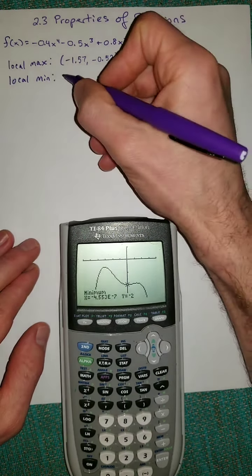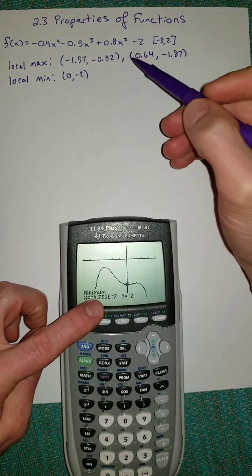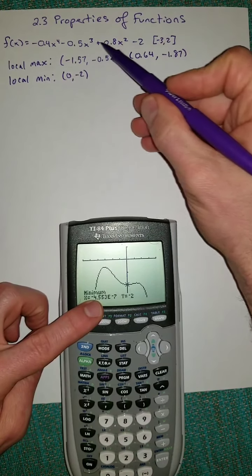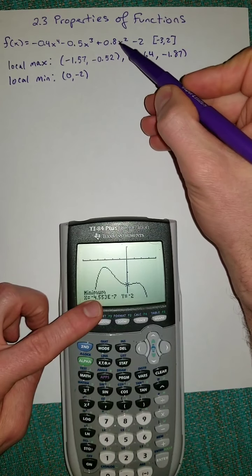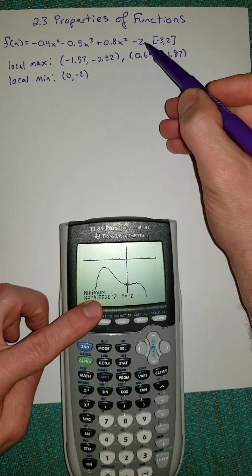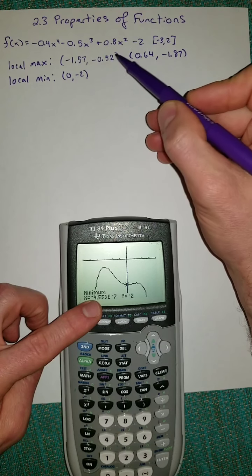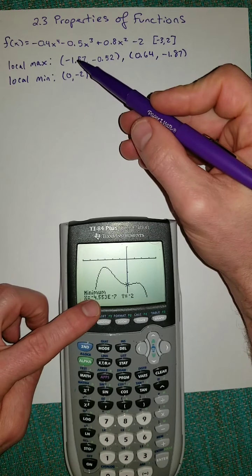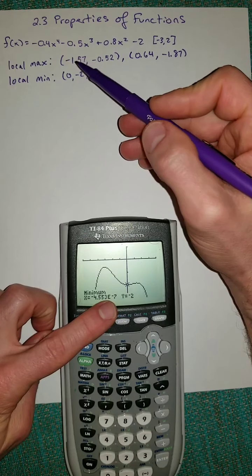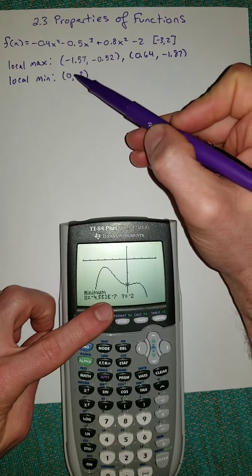So what I would actually say in this one is that that local min is at 0, -2. Now how do I know that it's 0 and not actually this small value? Well, it's because I know that this function, if I plug in 0, all my x values drop off and the y-intercept is -2. And so I know that if I plug in this negative 4.553 times 10 to the -7th, I'm probably not going to get exactly -2.